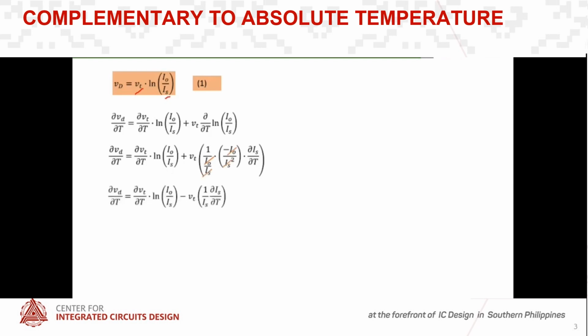we have the partial derivative of the diode voltage with respect to temperature equal to the partial derivative of Vt with respect to temperature times ln(Io over Is), minus Vt times 1 over Is times the partial derivative of Is with respect to temperature.